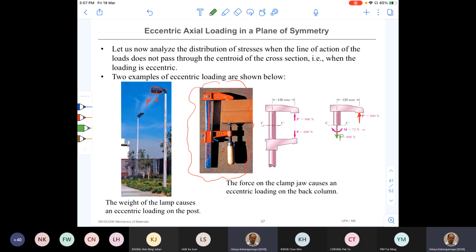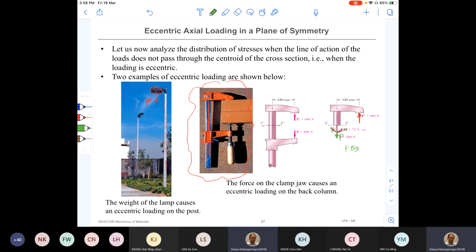But once we apply that, we can see that this FBD is still not complete, because there's an unbalanced moment. The two P forces together create a couple, right? So to counter that, the vertical bar needs to create a resistive moment. That resistive moment is M.